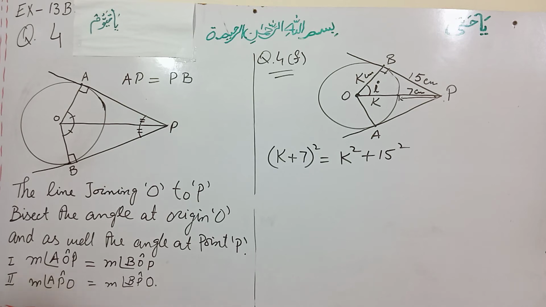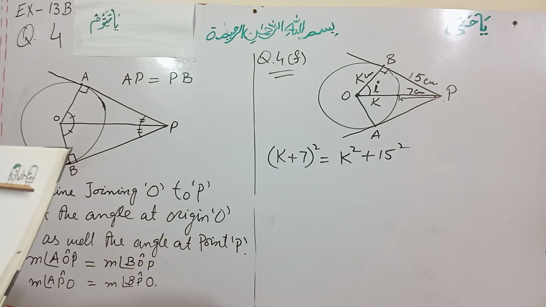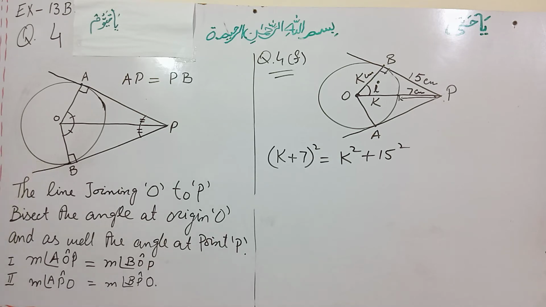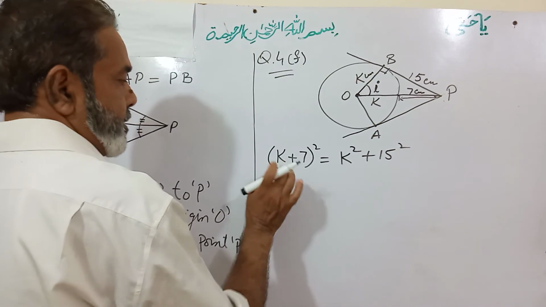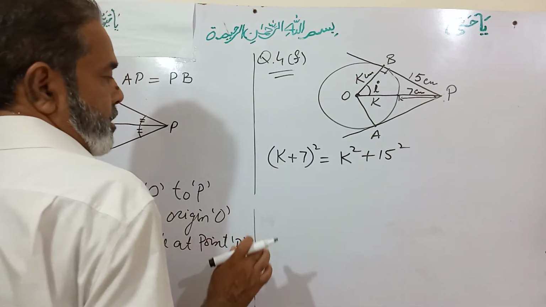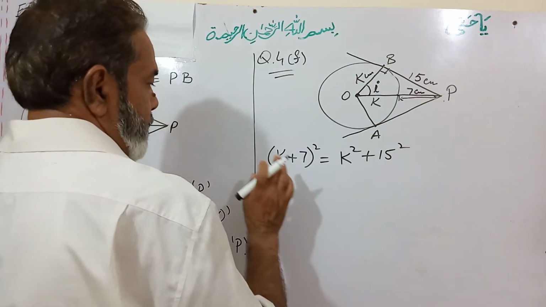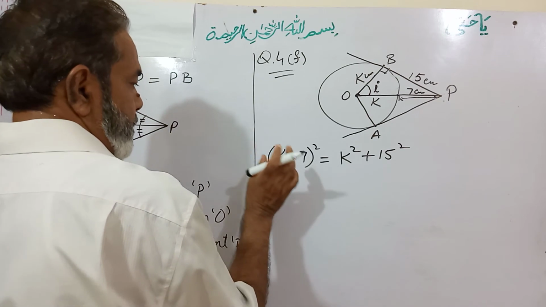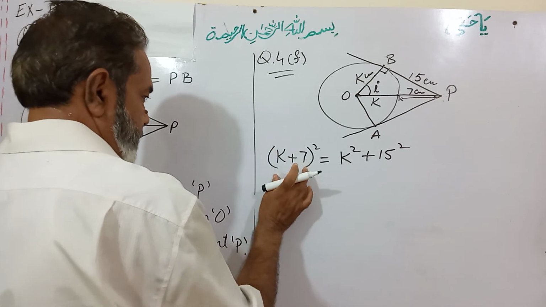Now open this square, because for the value of K we will remove this bracket.